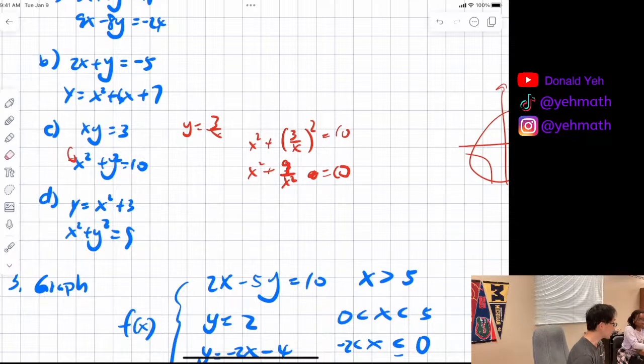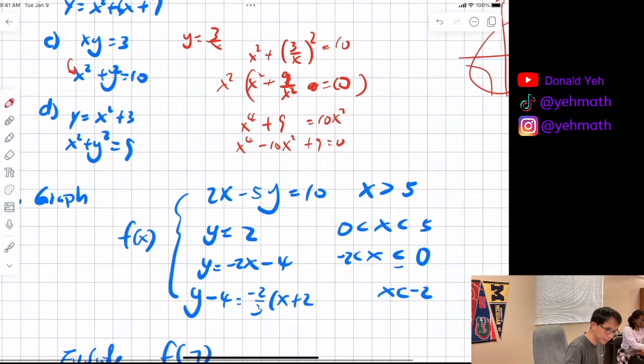Do you like fractions? No. Then multiply by what? X squared. So it's built on what we learned before. Now we've got x to the 4th plus 9 equal to 10x squared. So I'm going to subtract over.